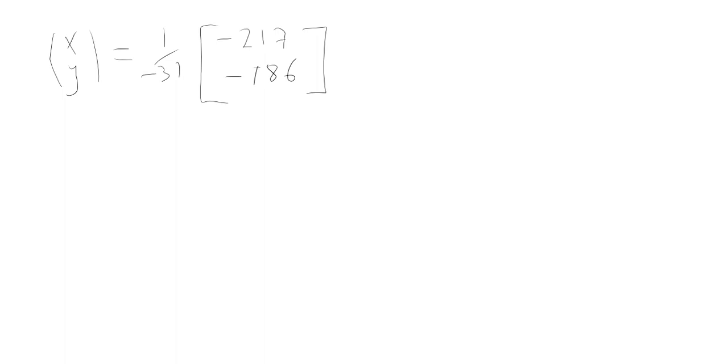Let's multiply this matrix with our 1 over negative 31. We shall have xy being equal to, when you multiply 1 over negative 31 with negative 217, we shall get 7.